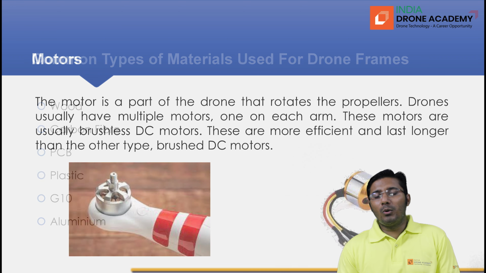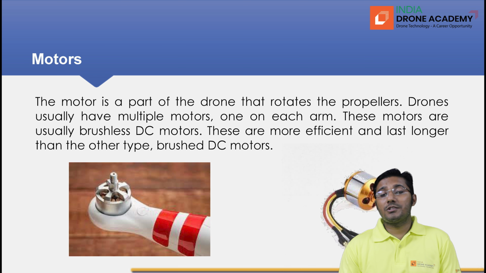Let us talk about the inner electronics that are used to make this quadcopter or any multi-rotor drones. Motors are very important because they convert rotational motion into forward thrust with the help of propellers. So these motors are a kind of propulsion system for the drone, or you can say an engine of the drone.